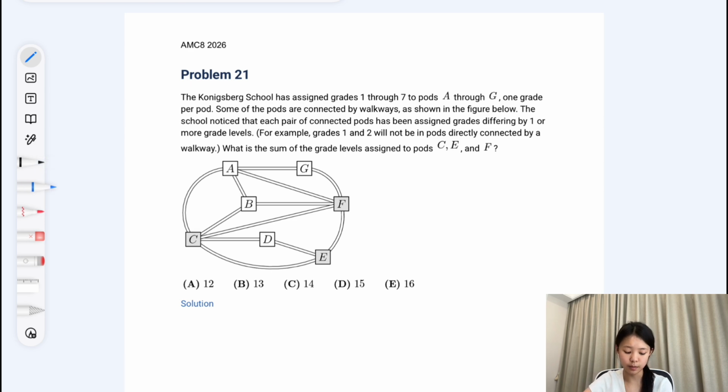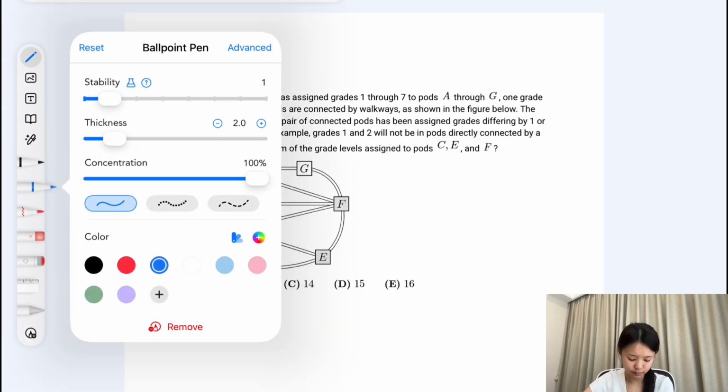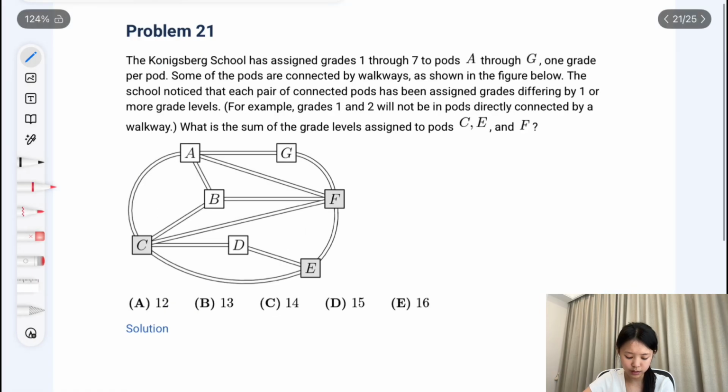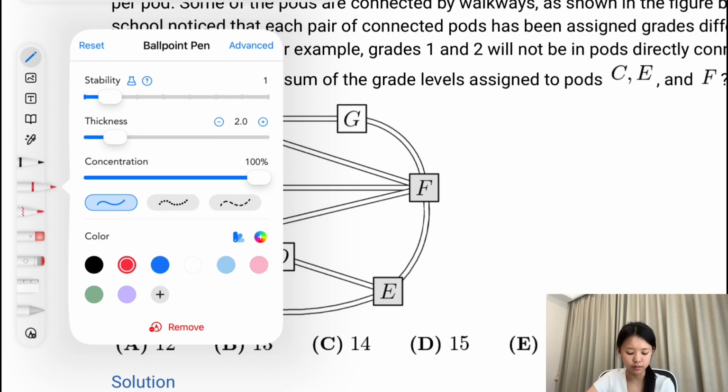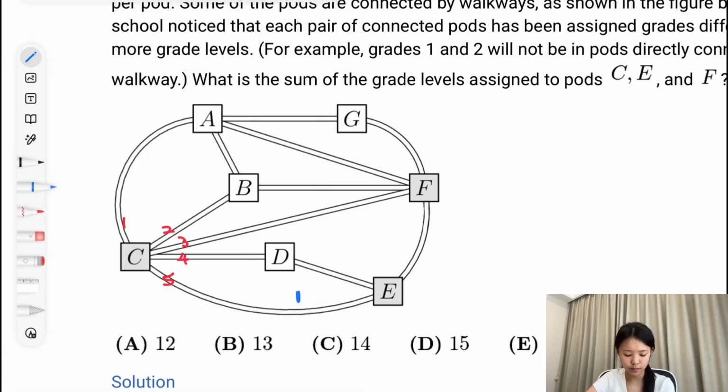So we can start here by noticing that there's this pod here, pod C, and it has 1, 2, 3, 4, 5 pods that it's connected to through these walkways. If we take this as our anchor for this problem, and we define C, the grade level, to be X, then we would have to mark out all the other ones.